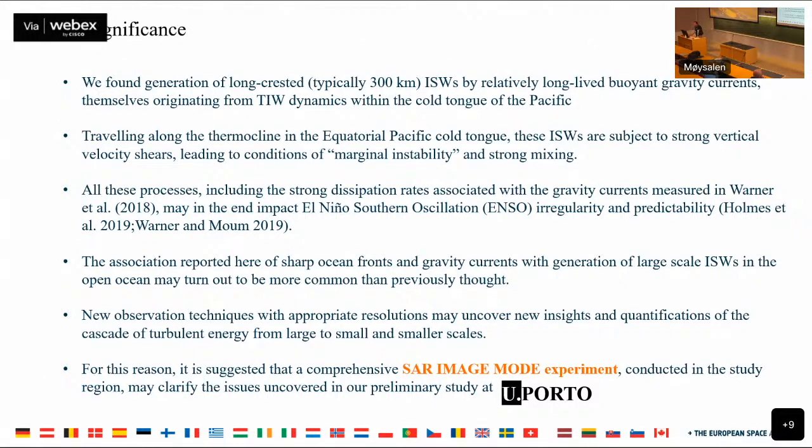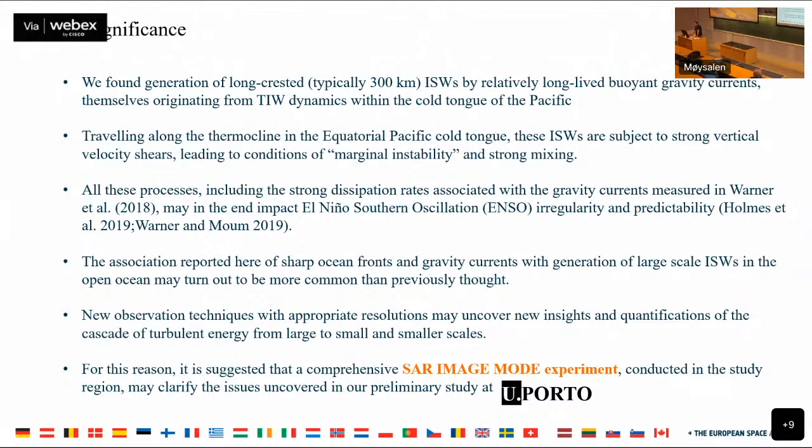So these long-crested internal waves are generally quite long-lived, and they originate from the tropical instability wave in the cold tongue of the Pacific. This is something that is also quite interesting to study, because it has some long-term impact on the air-sea interactions, and to understand also the climate variability.